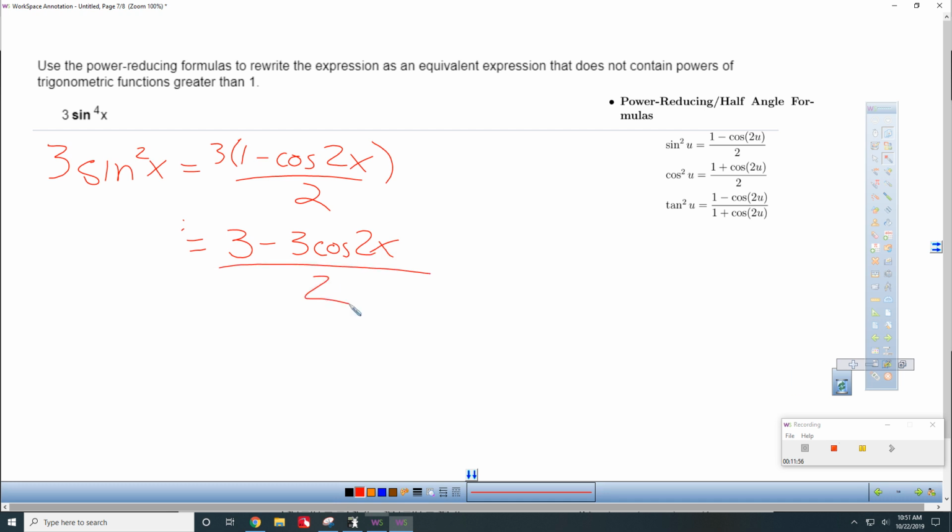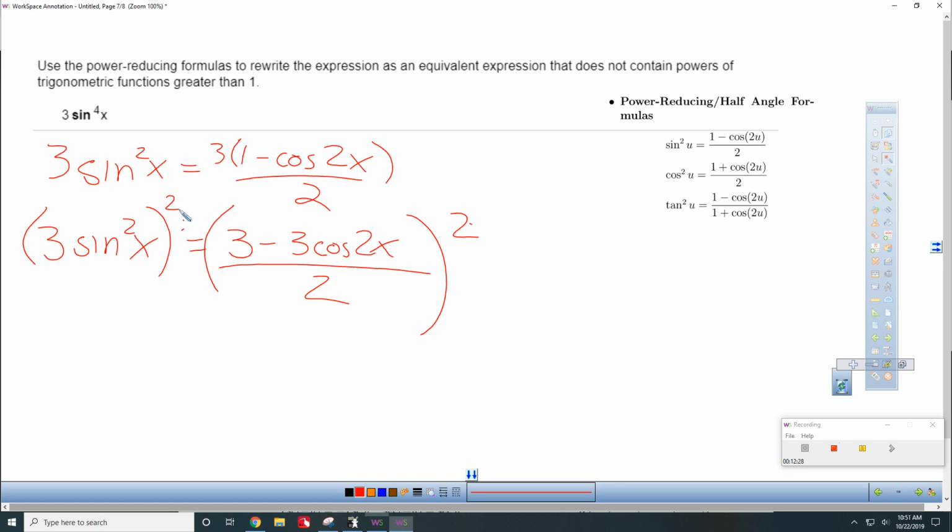So let's see. What we have here is 3 times the sine squared of x. So now, if I square this, let me rewrite this. All right, now I just squared the right side. So now I'm going to square the left side. And that gives me, oh, no, that's not what I wanted.